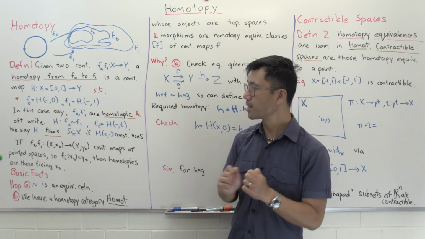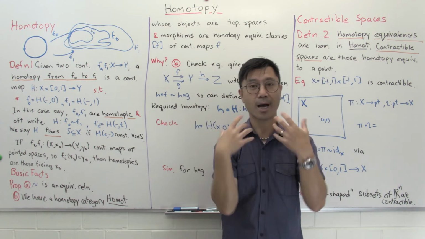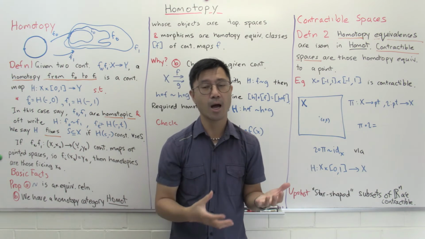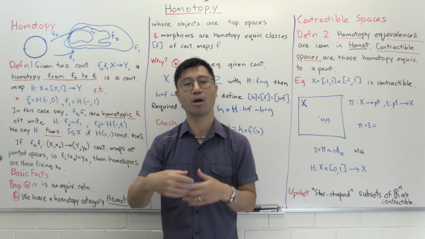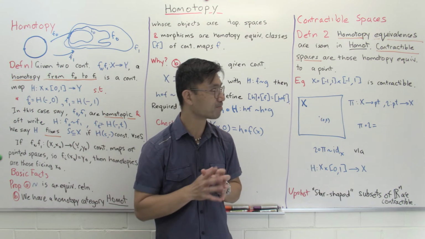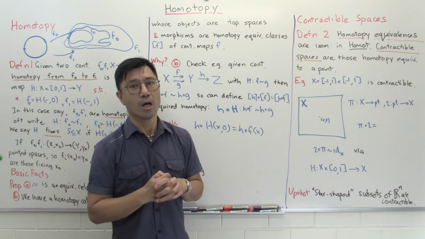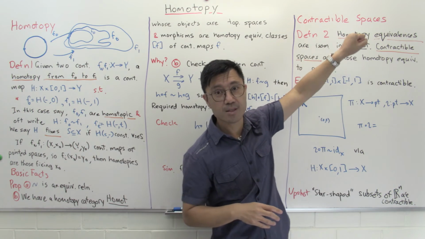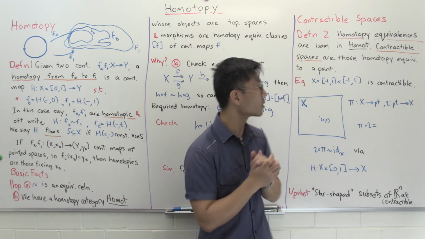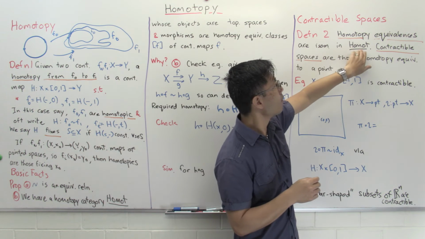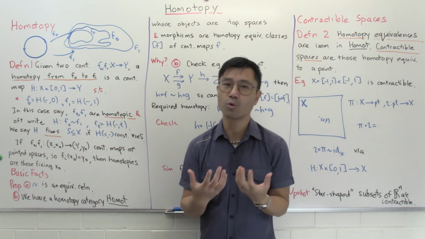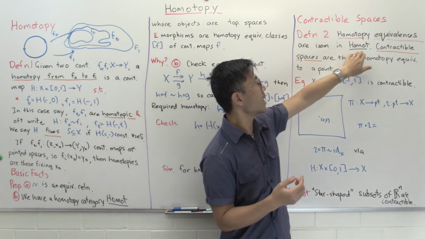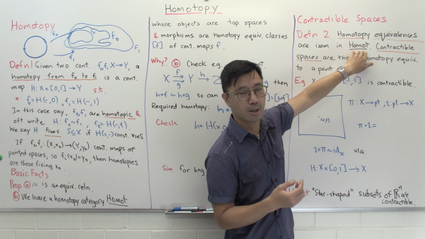Okay, so basically we've taken the category of topological spaces, and what we've done is we've identified a lot of continuous maps together. Okay, so the notion I want to talk about here is that of homotopy equivalence and contractible spaces. So we have a new category, the homotopy category, and a homotopy equivalence is now just an isomorphism in this homotopy category.